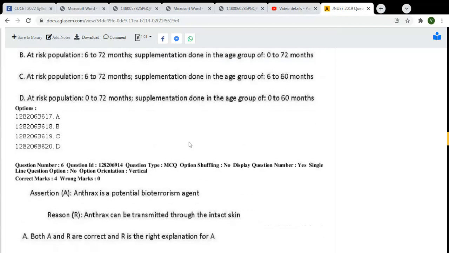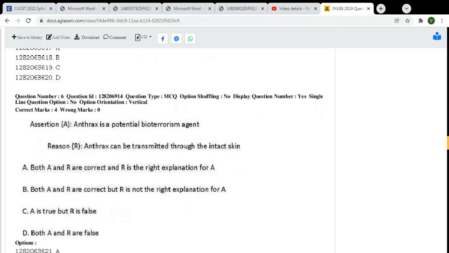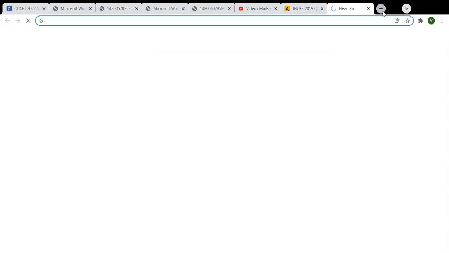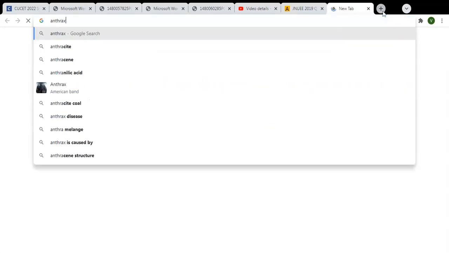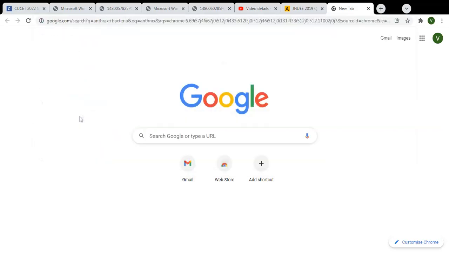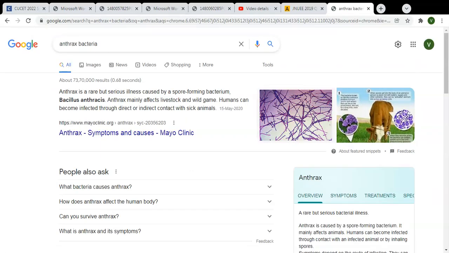So for the diseases, you need to know about the diseases in children, and if you know a little bit of common knowledge, anthrax is a potential bioterrorism agent. If you are familiar with bioterrorism, then you know that anthrax is a bacteria, which means it has some biological consequence.